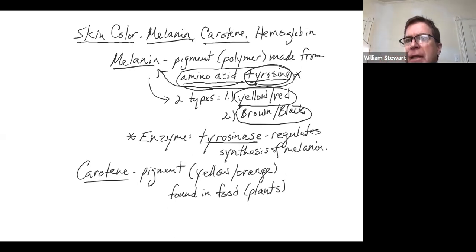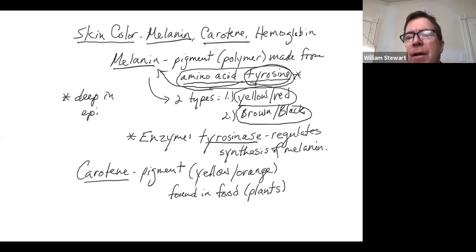This accumulates, unlike melanin. Melanin, remember, is synthesized and found deep in the epidermis, down in the stratum basale, a little bit in the stratum, and our melanin stays down in those deeper layers of the epidermis.